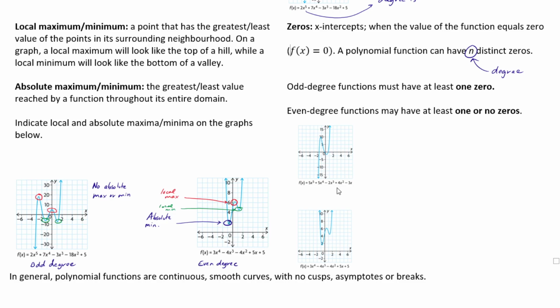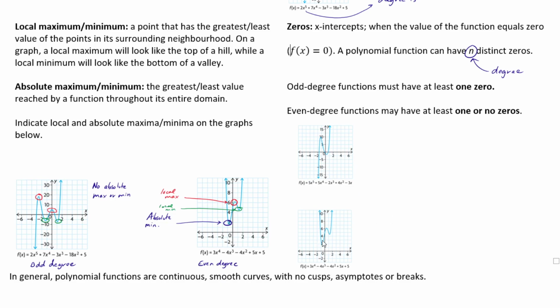So if we take a look at the first graph given here, this is an odd degree polynomial, and we can see that it's a quintic, which is to say that the degree of this polynomial is 5. It passes through the x-axis 3 times, so it has 3 zeros. Now it can have up to 5 distinct zeros, but in this case it has 3.